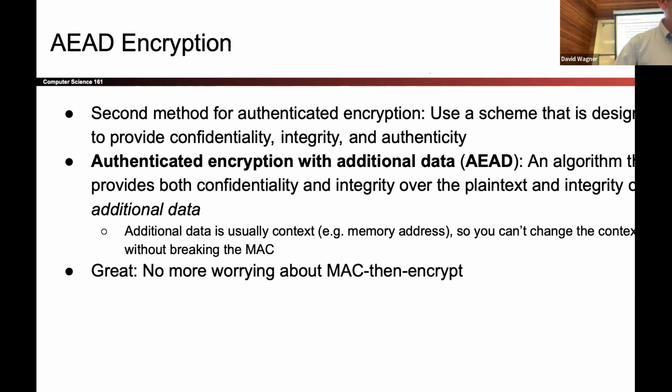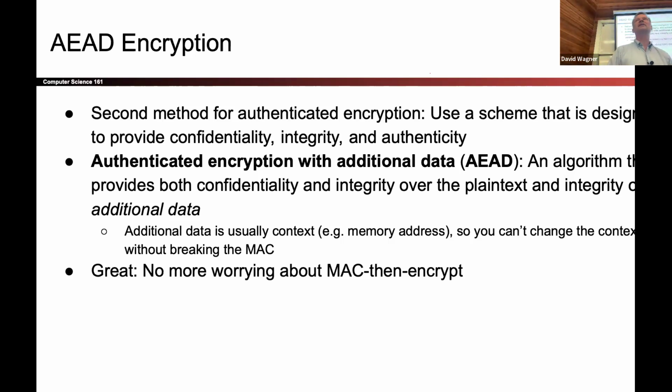Okay, so authenticated encryption, we just talked about one way to do it, which is encrypt then MAC. Another way is you can use a dedicated method that's designed to provide both. And this is pretty convenient. Then you don't have to worry about how to combine them. You just use this authenticated encryption mode. And there are off-the-shelf schemes you can use that provide authenticated encryption.